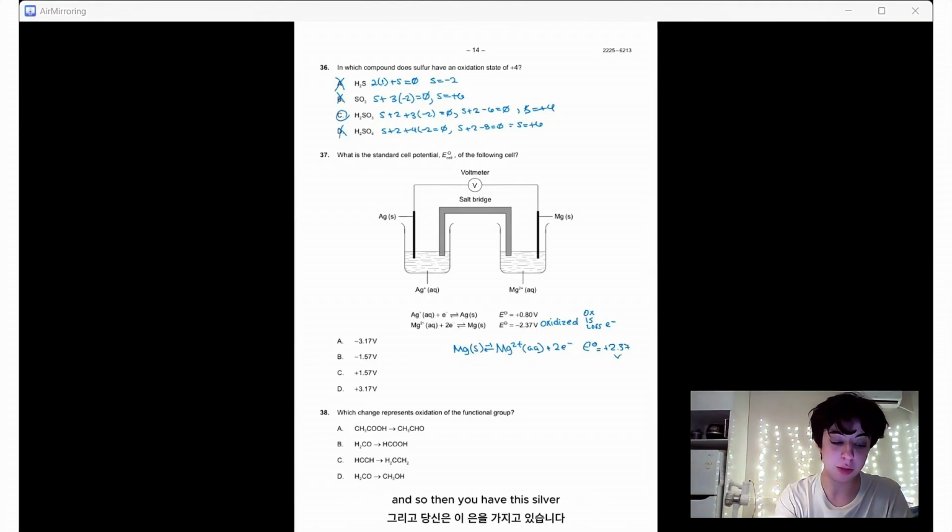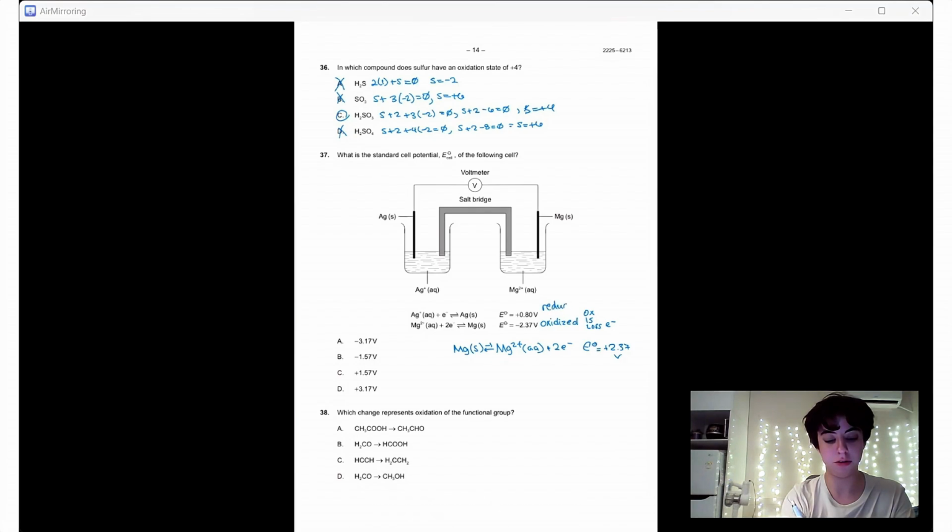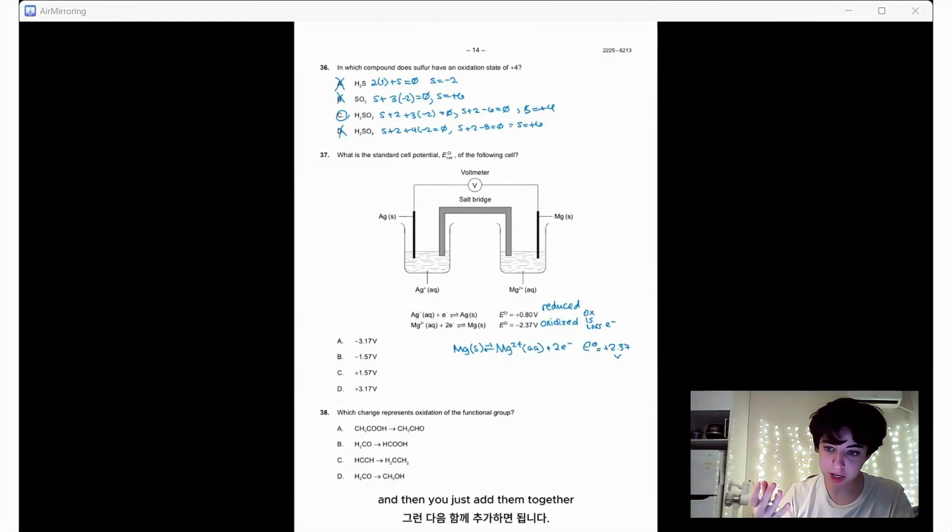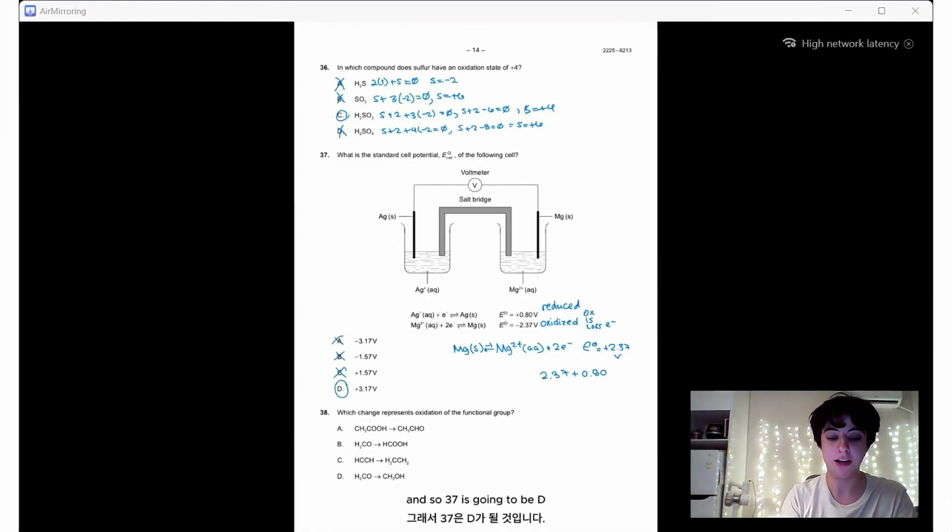And so then you have the silver that is going to be more positive, and so that's more likely to be reduced. And so the reduction is the gain of electrons, and so that equation is going to stay the same. And then you just add them together. Cool. So you've just got that plus 2.37 plus 0.80, because they're both in the right direction. And so that gives you that is going to be this plus 3.17 volts. And so 37 is going to be D.